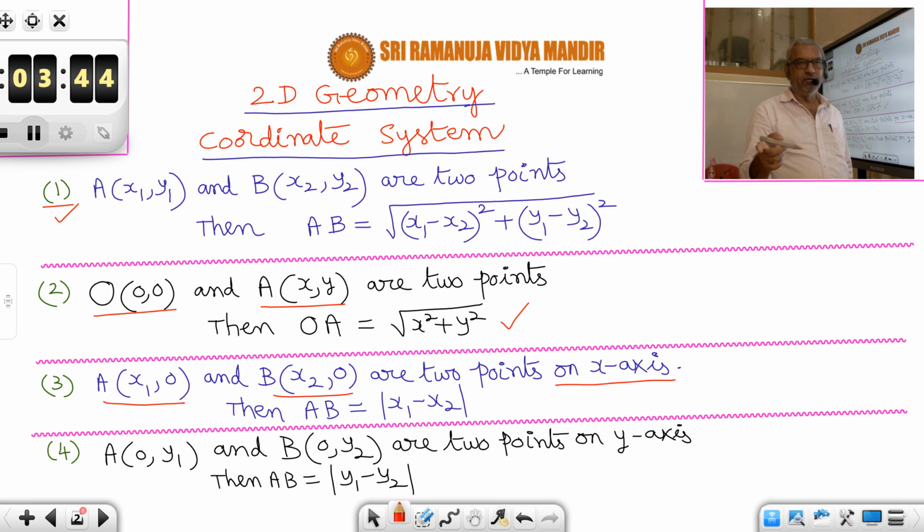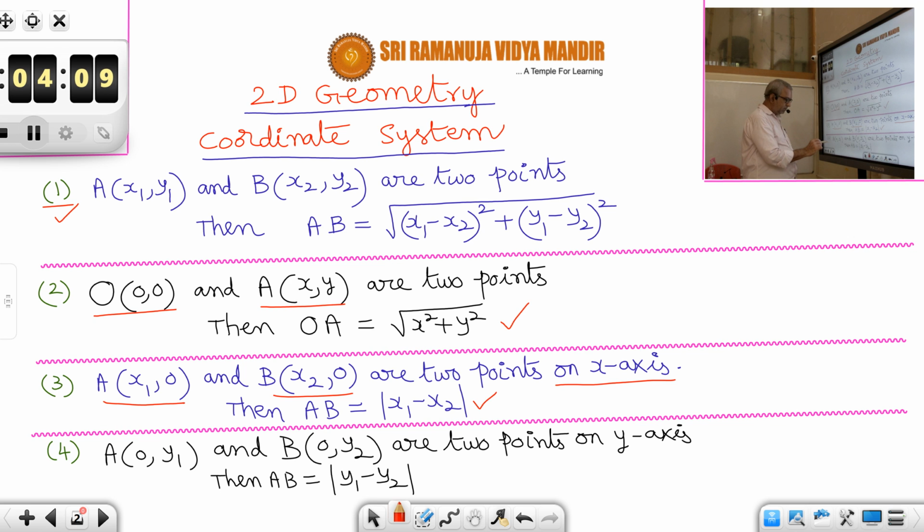Several times I have told you, root of (x minus a) whole square is not equal to x minus a, it is mod of x minus a. And moreover here it is distance. Distance is always positive. So you have to take the positive square root. That is why this modulus. Okay. Mod of x1 minus x2.